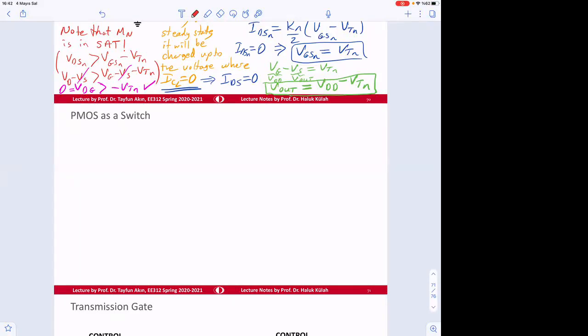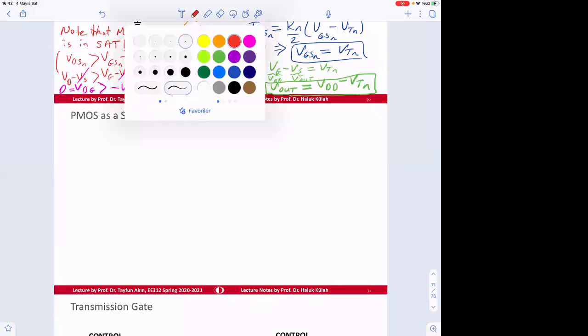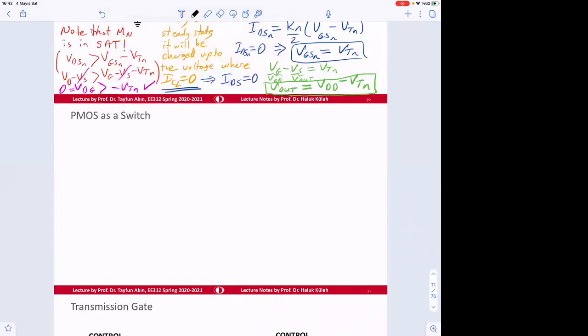We have seen last hour that the NMOS can be used as a switch, but it's not maybe very efficient in transmitting high voltages. Now we will look at the case for the PMOS as a switch. Now for the PMOS, we can draw again the device. So let me draw it this way.